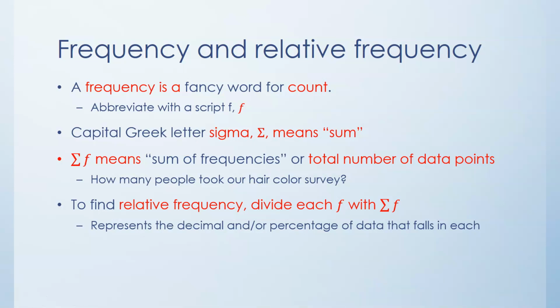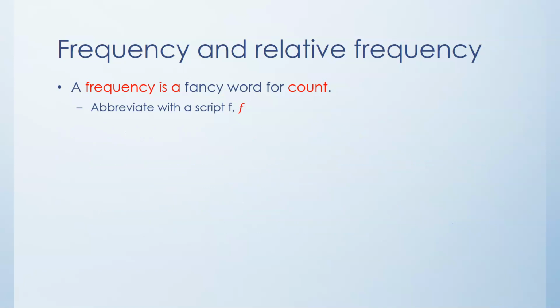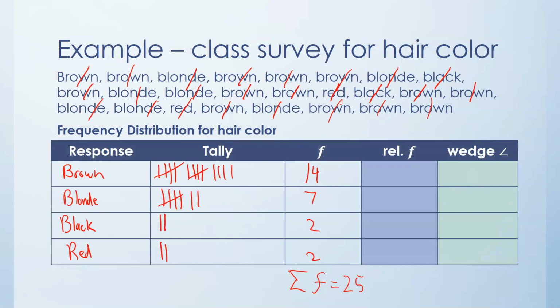So when we find relative frequency, it's really not that different from what you do when you get a quiz grade, like 41 out of 45, and you're trying to figure out what percentage you got. You divide your number of points by your total. So that's what we're going to do here. Okay, let me get my calculator out.